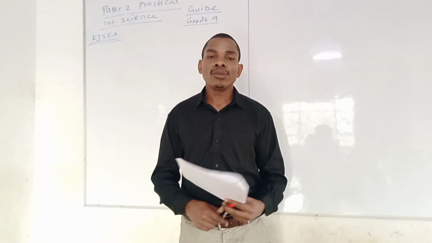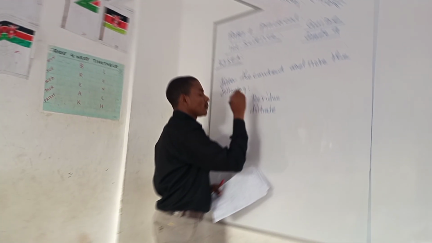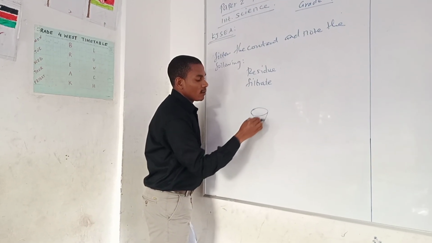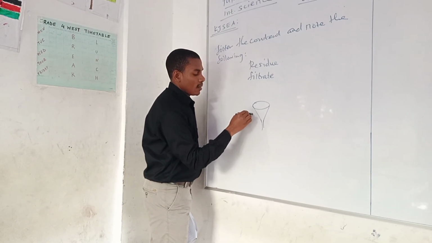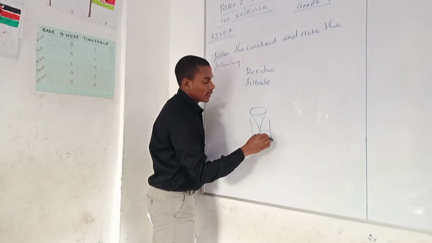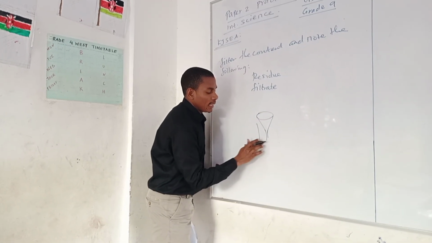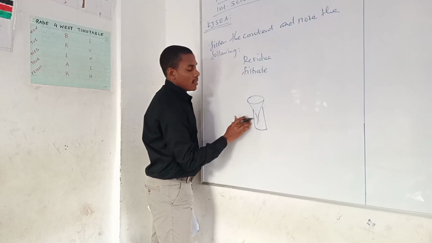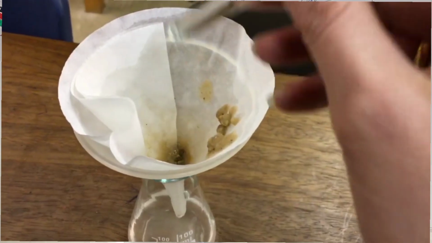Let me show you. So we are talking about this one is a filter funnel. We call it filter funnel. Then inside the filter funnel we have filter paper.